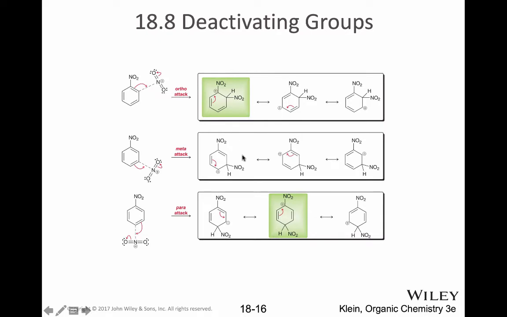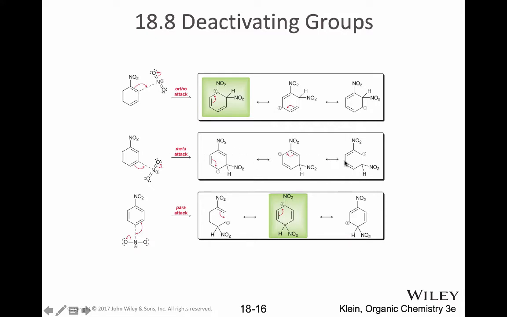Now, the reason the meta intermediate is more stable is because if you look at these two resonance structures, the carbocation ends up next to the electron withdrawing group. See how this positive charge ends up really close to the electron withdrawing group? You don't have that in the meta intermediate.